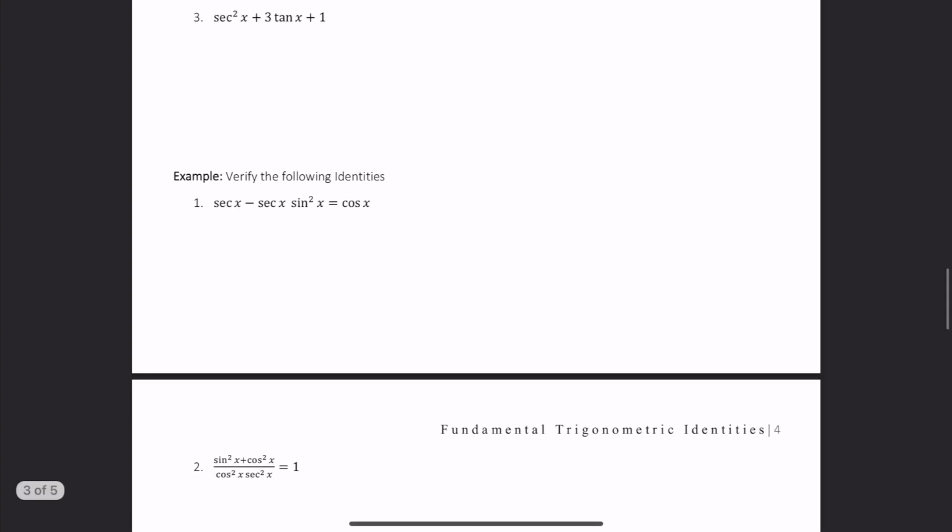Okay, for our next example, we have secant squared x plus 3 tangent x plus 1. Again, coming back to our Pythagorean identities, this looks like we have a secant. So, in order to get a secant, we're going to have to divide by cosine squared all of these, and we'll have 1 plus tangent theta equals secant theta squared.